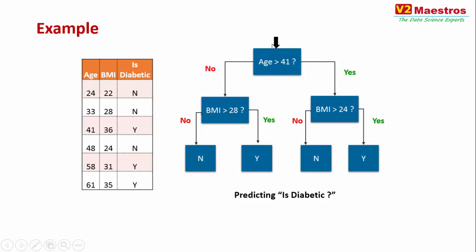With these two variables, you can use age first and then BMI, or you can use BMI first and then age. You can build different trees, and different trees can have different levels. It depends on the complexity of the data that we are dealing with. Here the data is pretty simple, so it's only two levels.